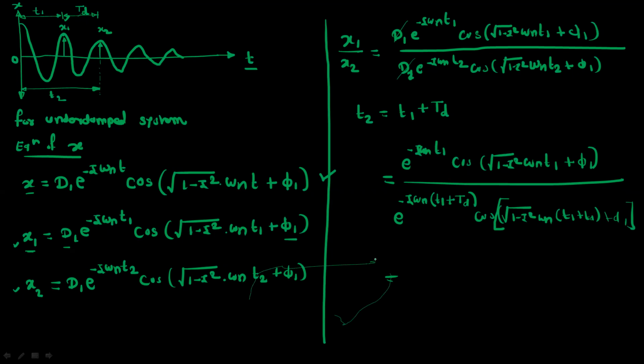So here we can cancel out this minus zeta omega n t1 and this minus zeta omega n t1. So the remaining value is this td.